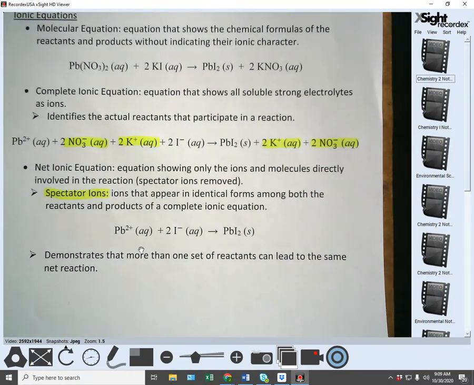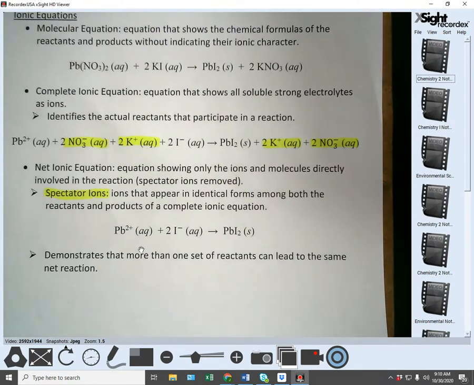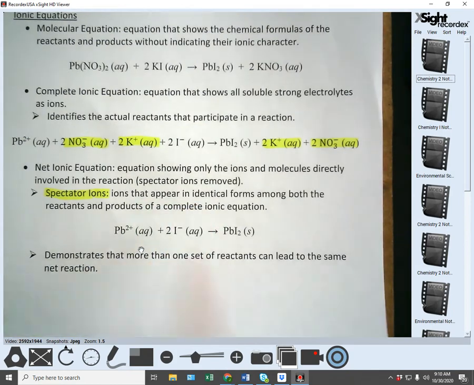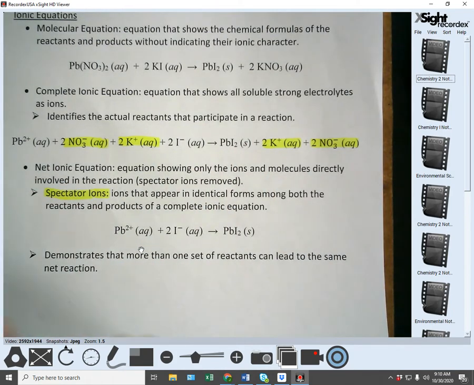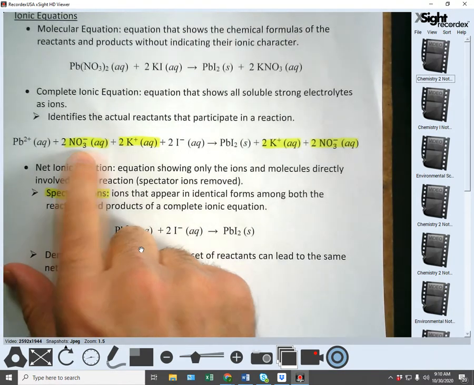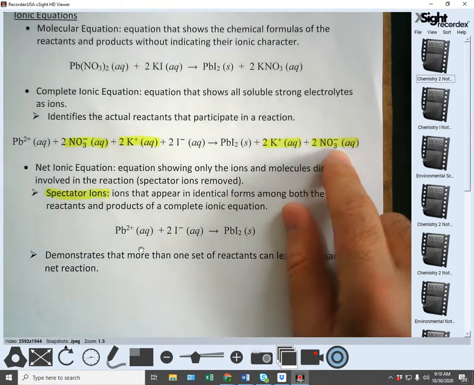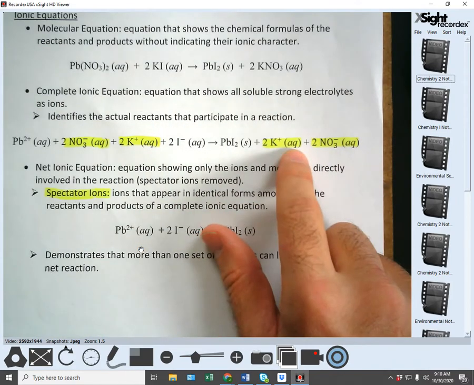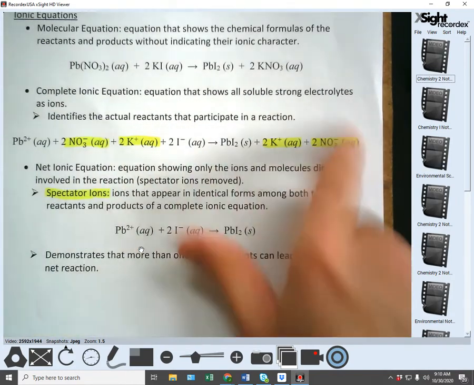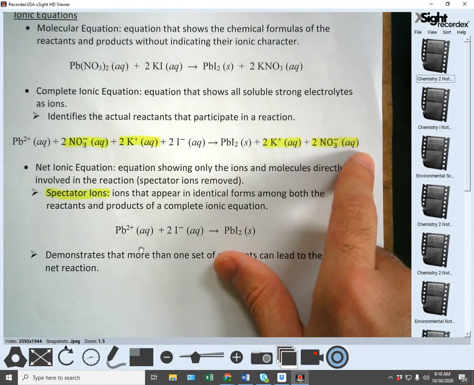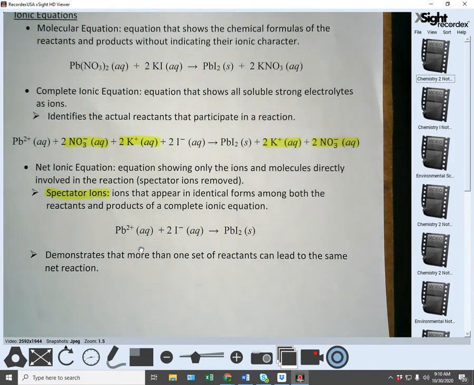Okay. Now, how do you know this without doing the drawn out diagram that I did? Well, essentially, the spectator ions are identical on both sides. They're the same. NO3 negative 1 aqueous, NO3 negative 1 aqueous. K plus aqueous, K plus aqueous. If you look, you've got Pb2 plus aqueous over here. You don't have a Pb2 plus aqueous over here. So that's not a spectator ion. Okay?